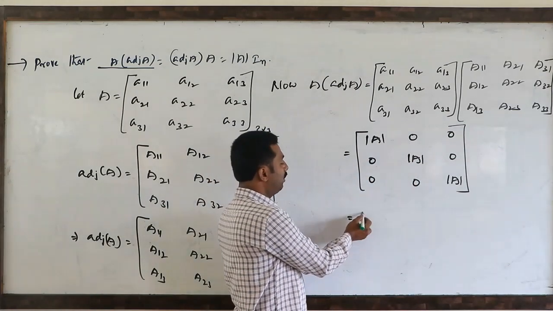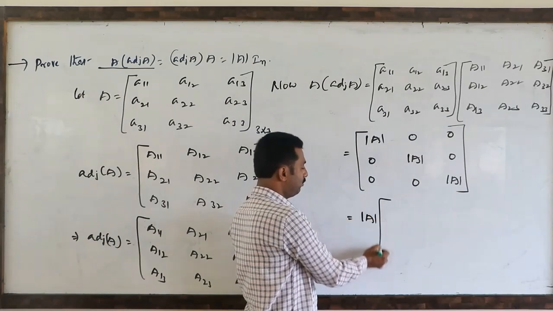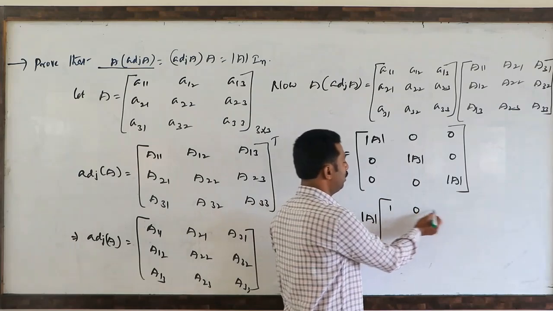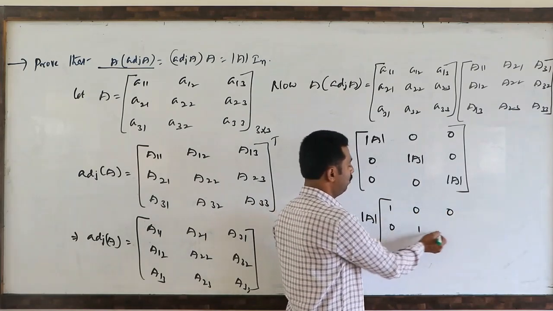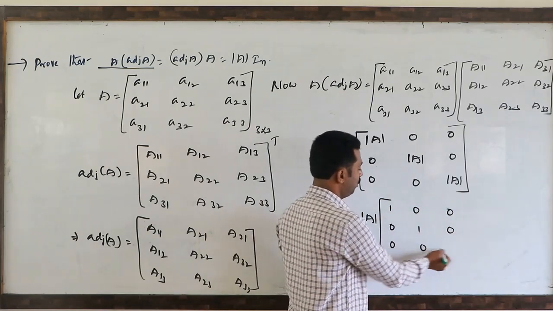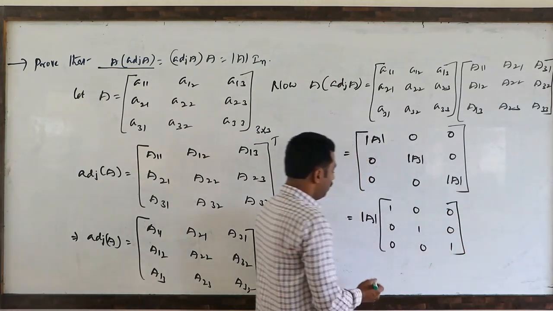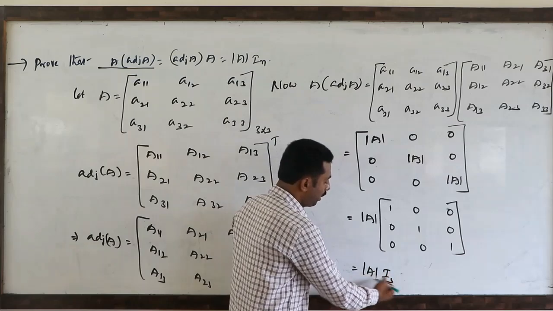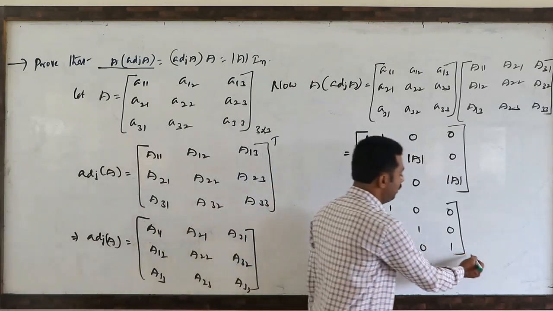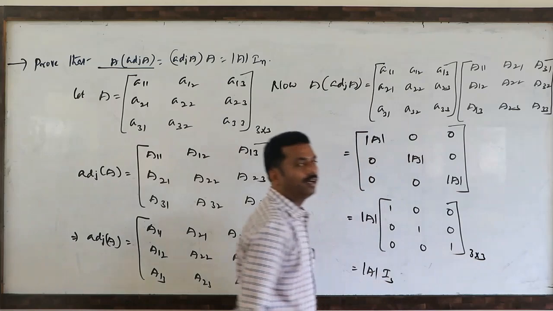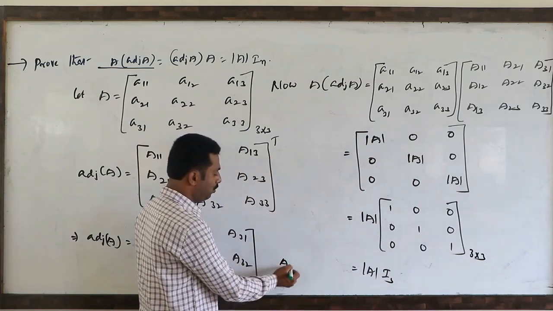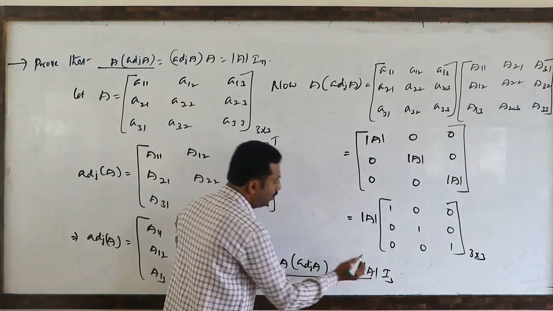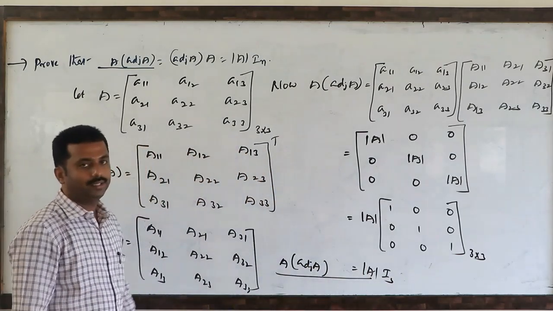If I take the determinant of A common from every row, we get 1 0 0, 0 1 0, 0 0 1, which we can write as I3 because it is the identity matrix of order 3 by 3. What we prove: A into adjoint of A equals determinant of A into I3.